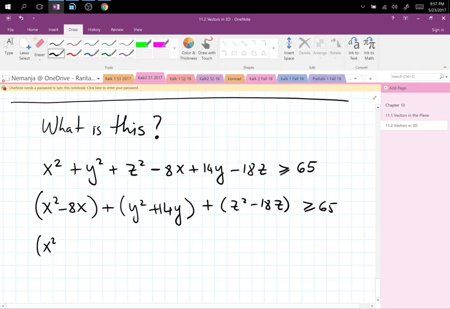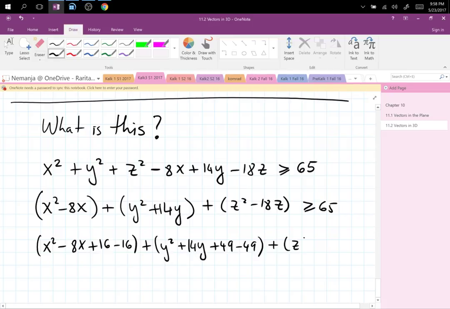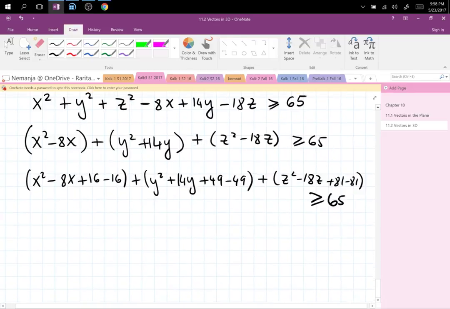So we have x squared minus 8x plus 16 minus 16, plus y squared plus 14y plus 49 minus 49, and then z squared minus 18z plus 81 minus 81, all of that larger or equal than 65.